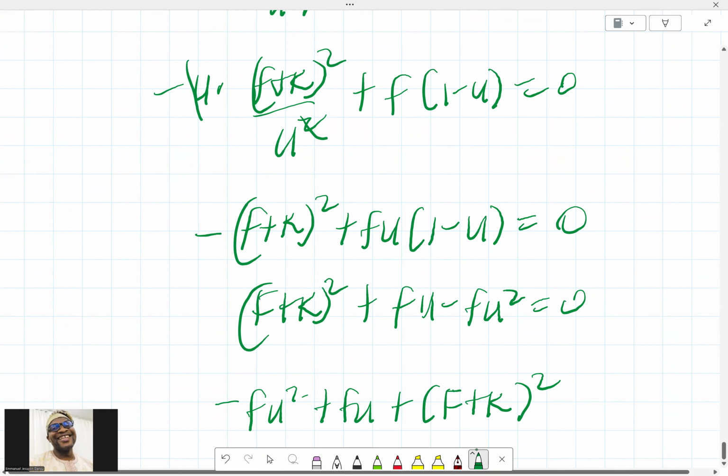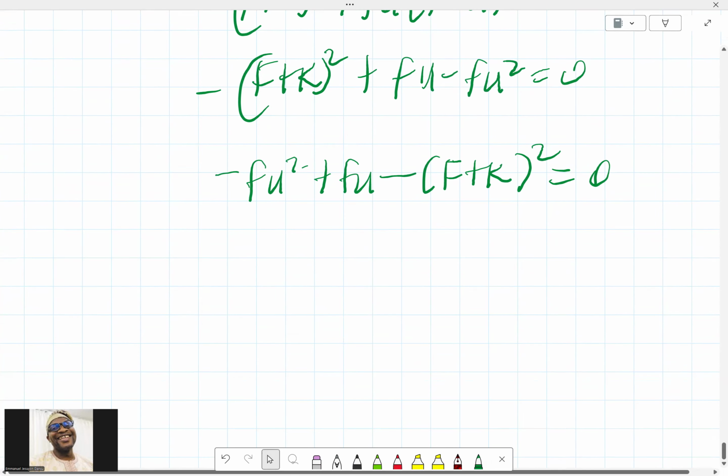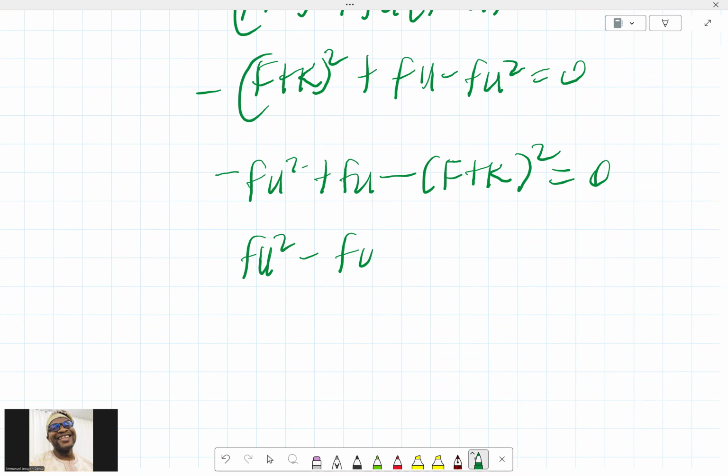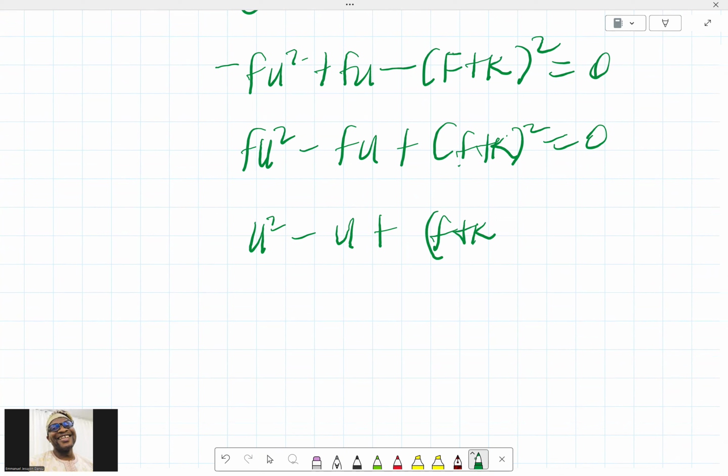Okay, this is actually minus here, so don't lose sight of that. So let's multiply through by minus 1. So we have fu squared minus fu plus f plus k all squared equals 0. So if you divide through by f, you have u squared minus u plus f plus k squared all over f equals 0. So we can find u like this.